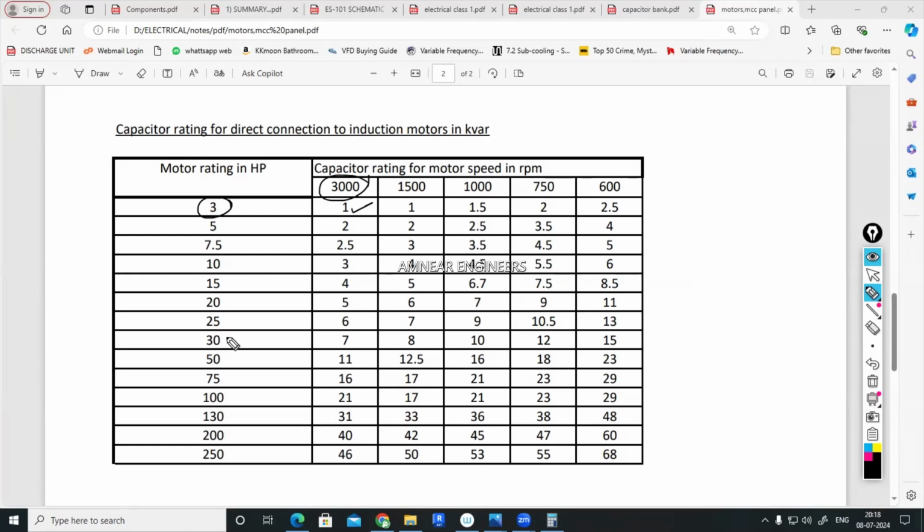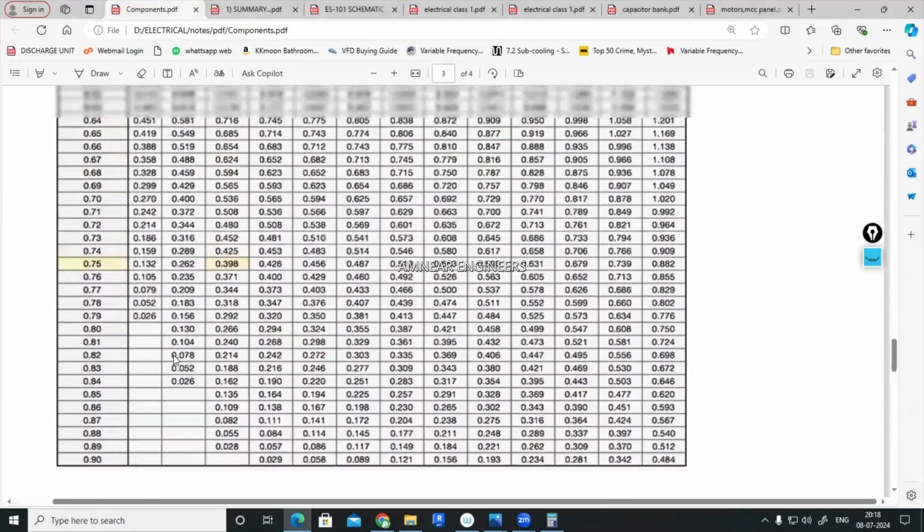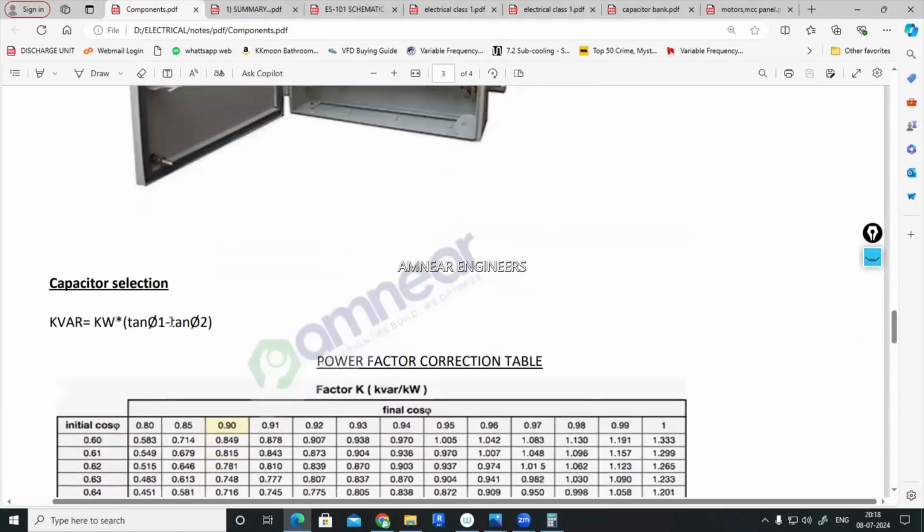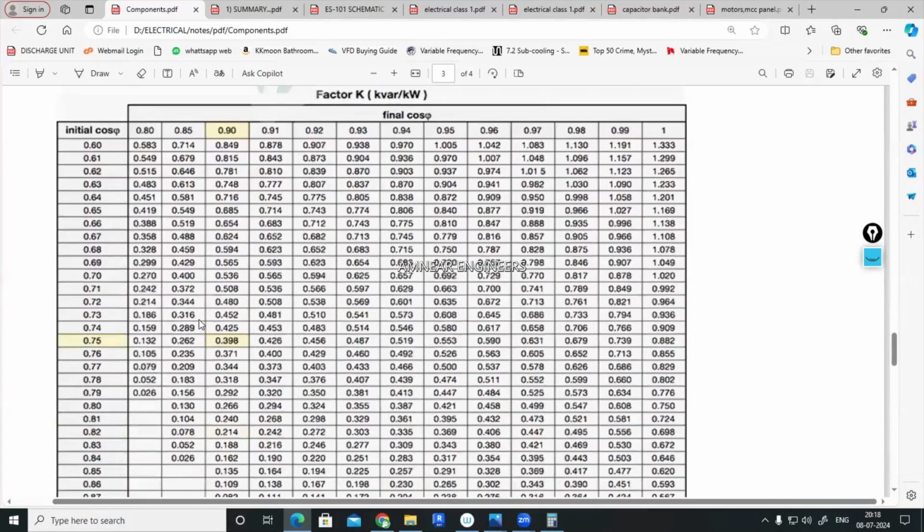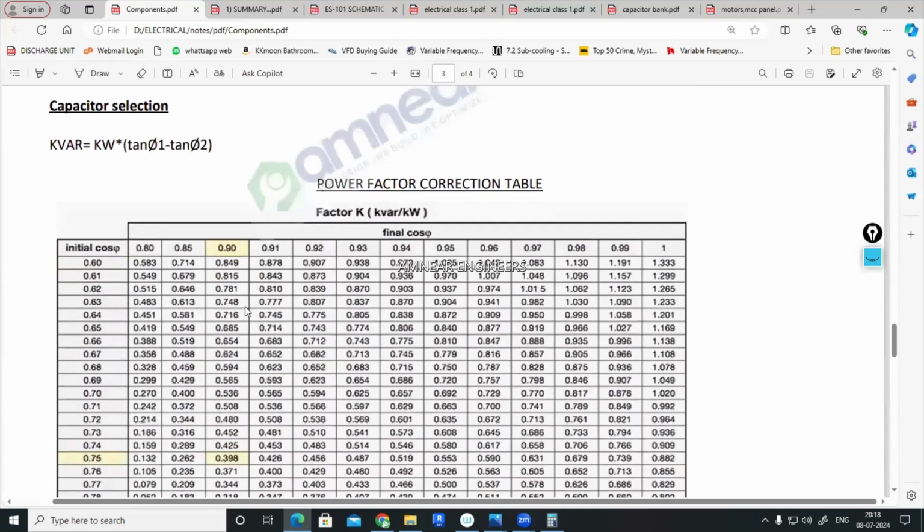For a motor rating of 30 HP, 1000 RPM speed, I need 10 kVAR of capacitor. It is only for induction motors. But for any type of inductive load, the capacitor rating can be calculated using this equation: load in kilowatt into tan phi 1 minus tan phi 2. That is the case of individual compensation, right?